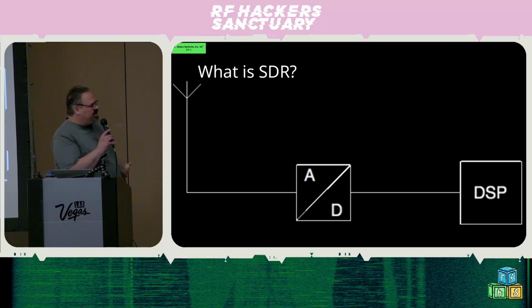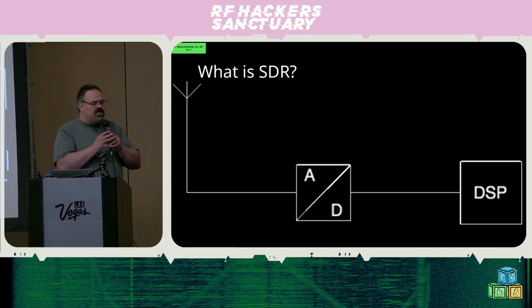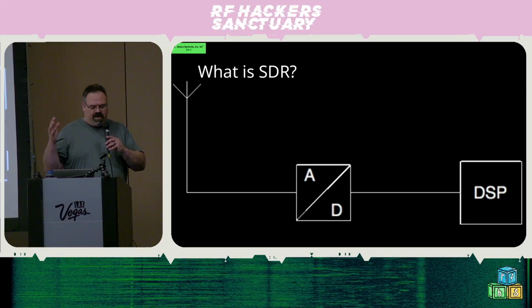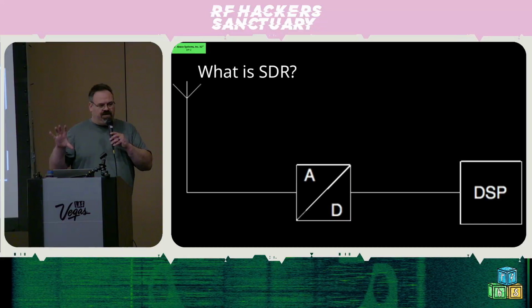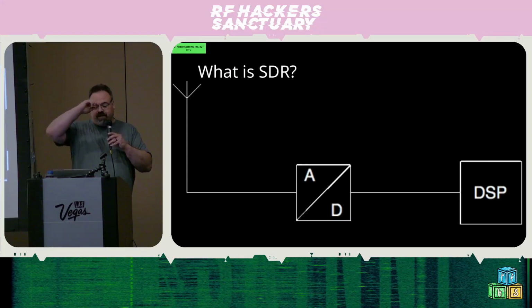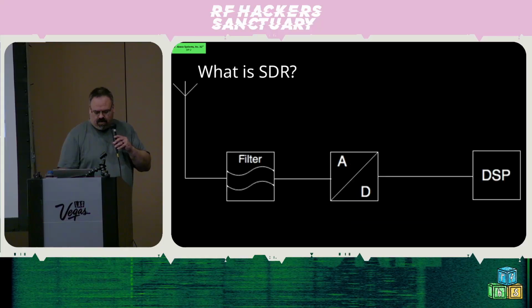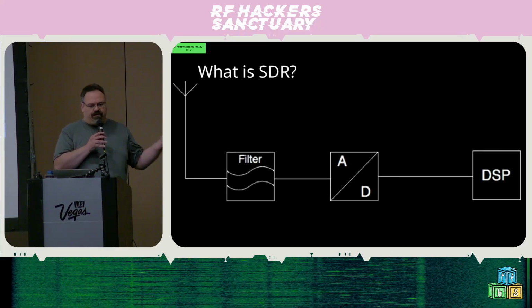Let's talk about software-defined radio a little bit and sort of what it looks like. So an SDR is effectively an antenna that goes into an analog to digital converter that goes into some sort of signal processing device. In order to reject signals that we don't want, we'll add a filter.